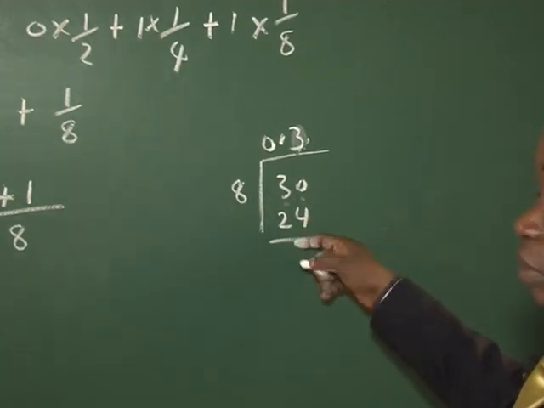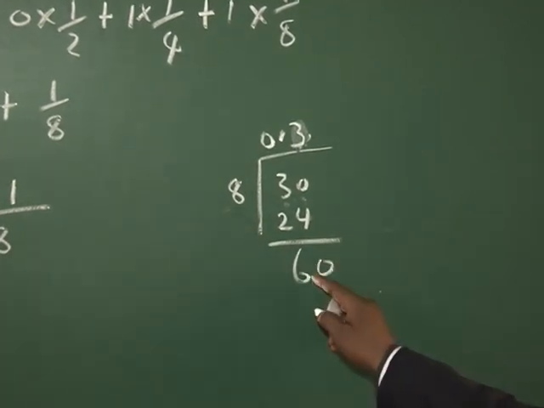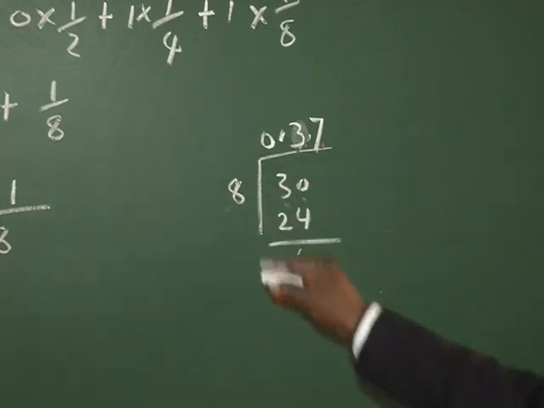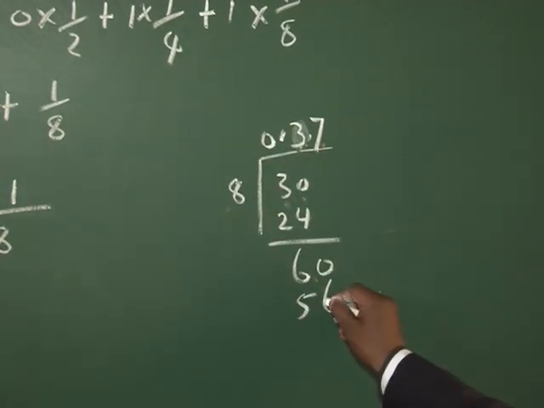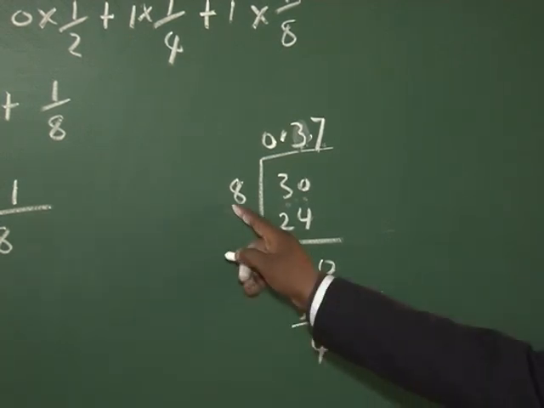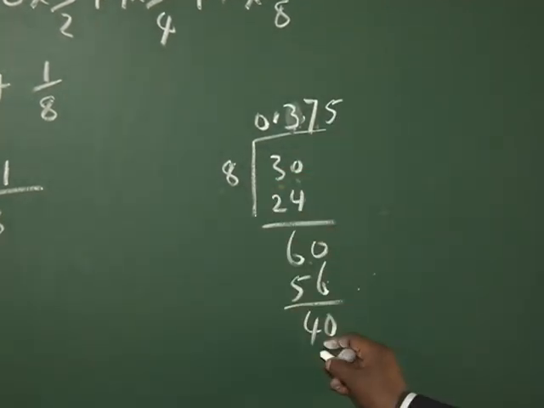Then if you subtract, we have 6. 6 divided by 8 cannot, so we add 0. 60 divided by 8 can give us 7. 7 times 8 is 56. 60 minus 56 is 4. So we add 0 again. 40 divided by 8 is 5. 5 times 8 is 40. If you subtract, we have 0.